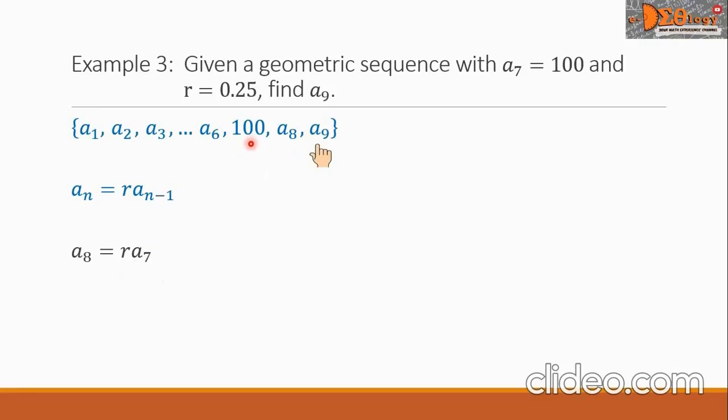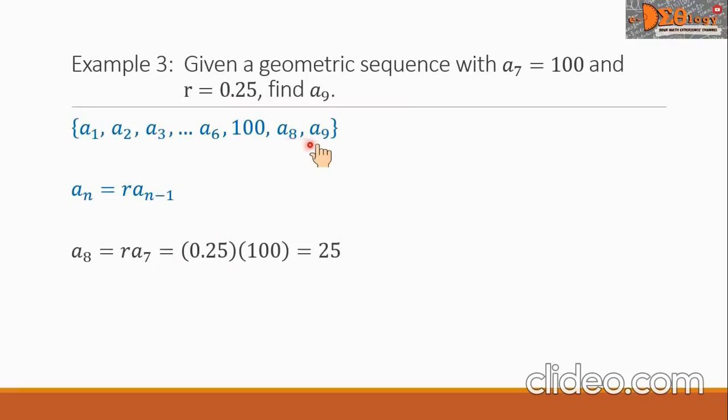Let us now substitute the values r and the a sub 7 in here. So we have now 0.25, that is our r, times the a sub 7, it is 100. And the product is 25. This is our a sub 8.